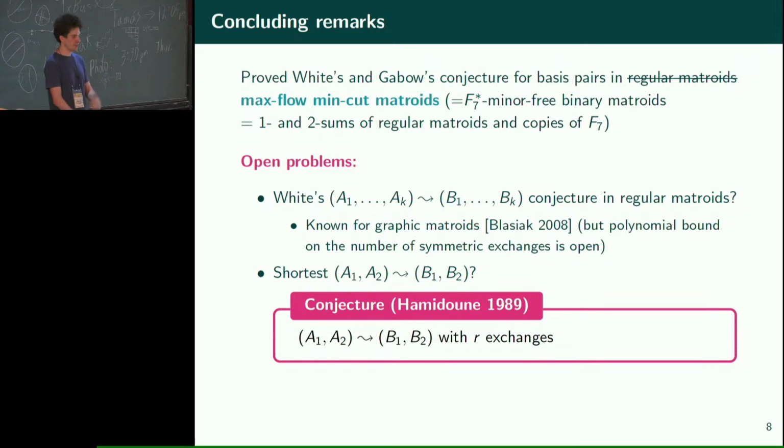And we found in a paper that Gabow asked whether it is true that there is always a sequence with rank many exchanges. We thought a bit about it for graphs, but it's entirely not clear why it would hold for graphs. It's a very interesting open problem, because if this conjecture is true, then it would generalize both this White's conjecture for basis pairs and Gabow's conjecture.